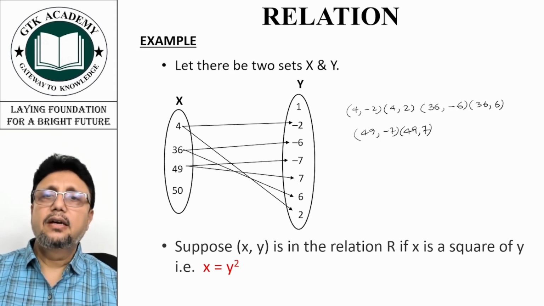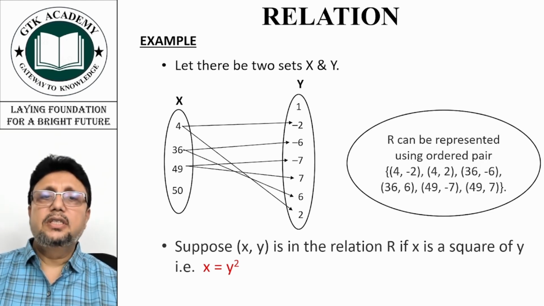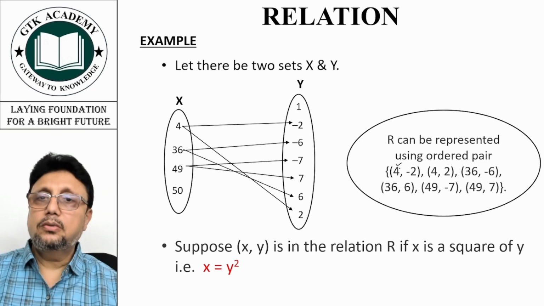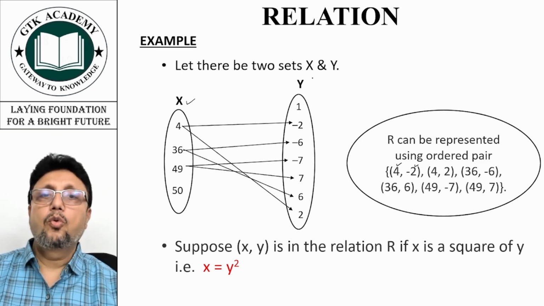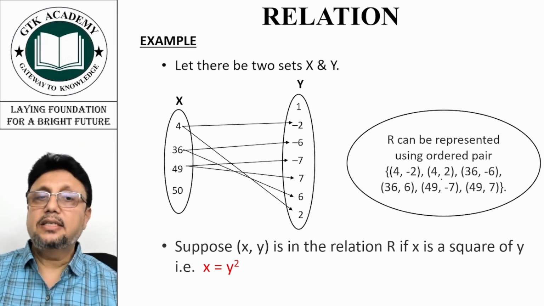We can write it like this. So these are called ordered pairs, where the first element belongs to this set X and the second element belongs to Y. This relation can be represented as ordered pairs.